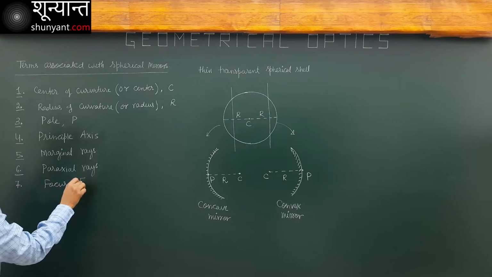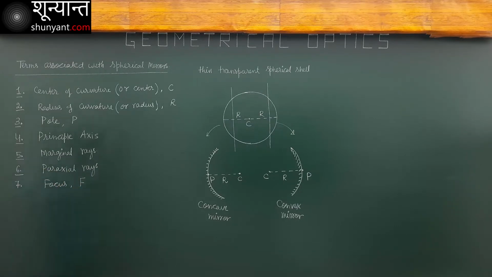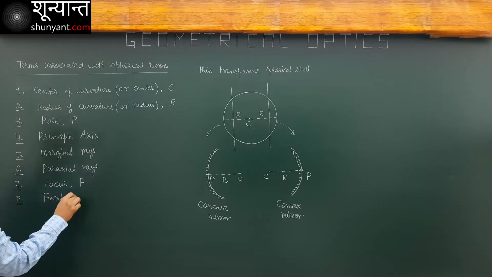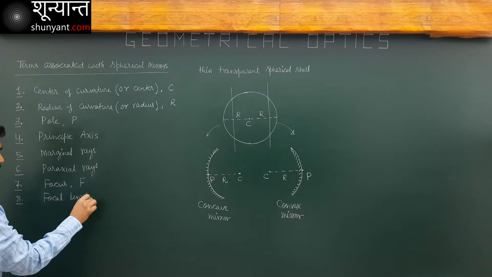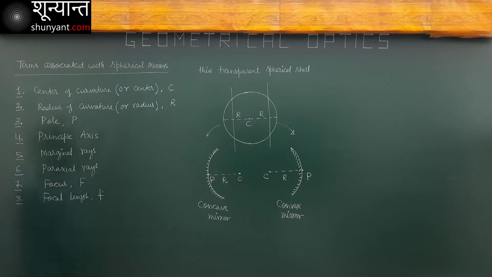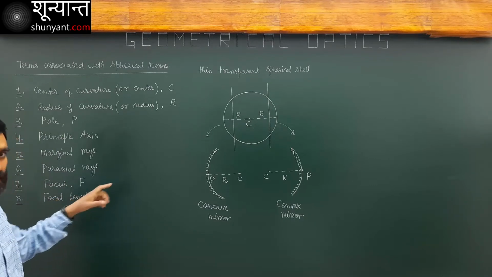Its symbol is capital F. So we have symbols for a few of these terms. Then eighth, focal length. This symbol is small f. Capital F is for focus. Focal length is small f.